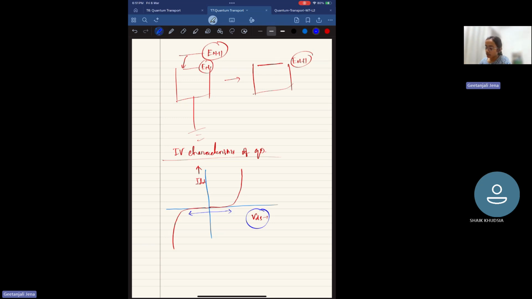The gate voltage will lower the energy of this quantum island, and because of that, we'll see a shift in this curve. Similarly, we can have other curves like this. So this is under different gate voltage.